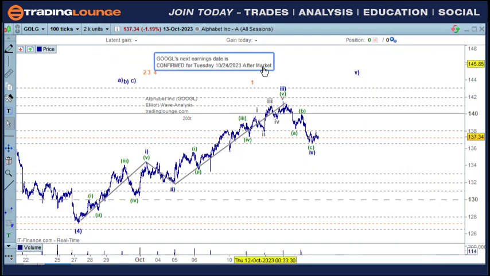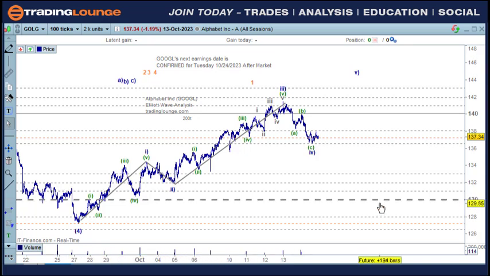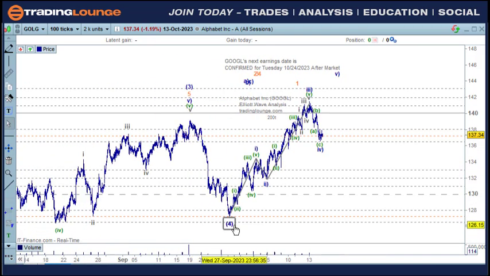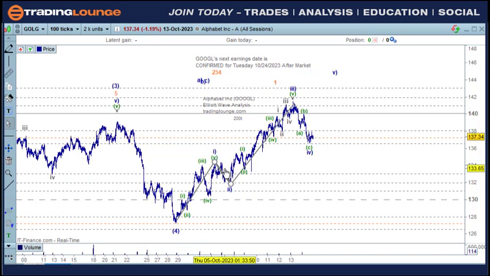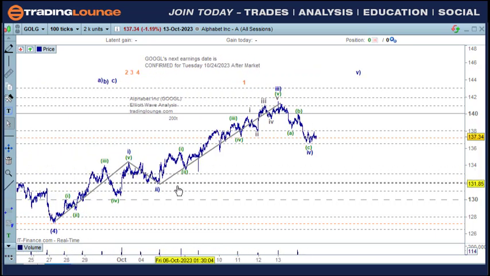And we come over to Google, so its earnings are on the 24th. So nothing close by at the moment for those. I've been counting this up as basically we've got this as wave 4 here. We've also made a new high here, so another strong stock. We've viewed it as wave 1 and 2 and going up for wave 3 and 4 here.